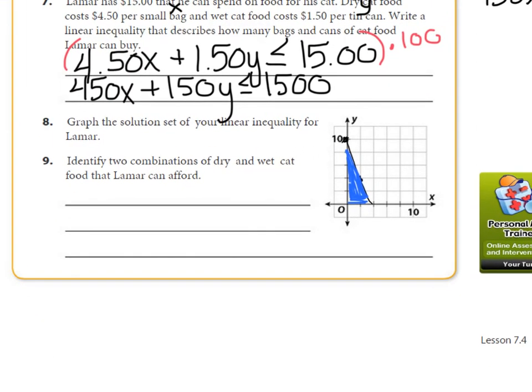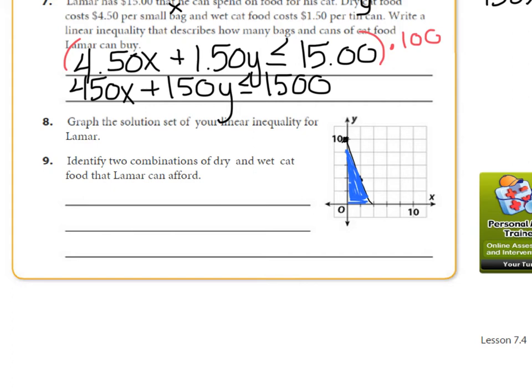Going over to question 9, it asks you to identify 2 combinations. Go ahead and identify those 2 combinations on your paper. Remember, you can have multiple possibilities here. Any combination that's in this shaded region or on the line, since it's a solid line, would be a valid combination.